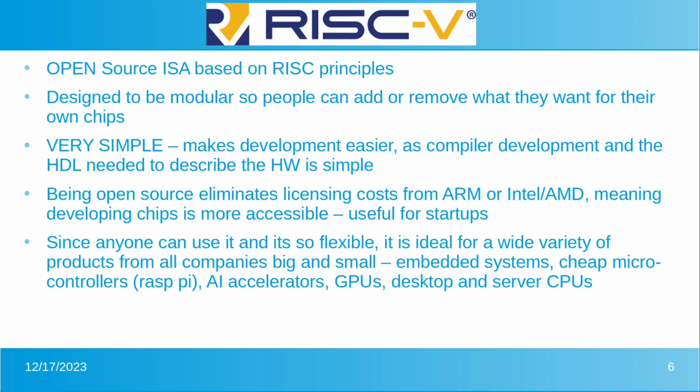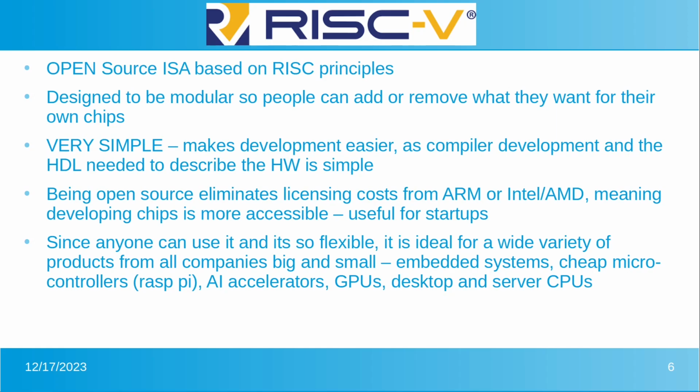Well, maybe you don't want to string a bunch of reduced instructions together, and you want to create a few complex instructions that can go on the CPU. You can add complex instructions to this. It's open and modular, so people can add or remove what they don't need or what they want to have. That's what's great about it.